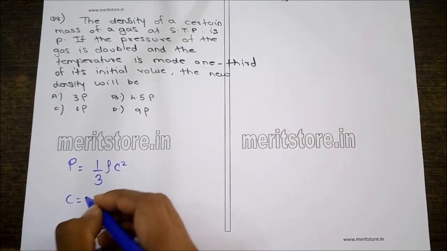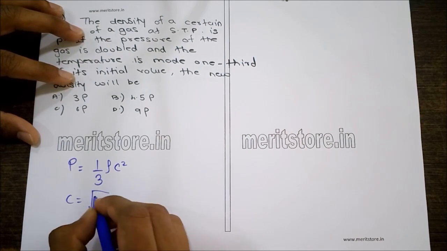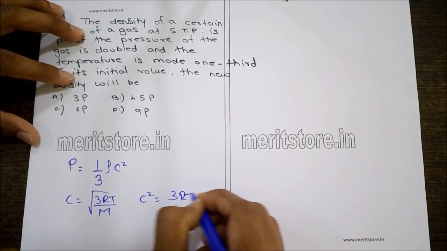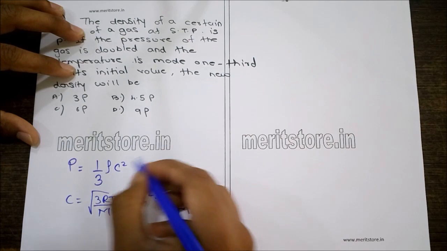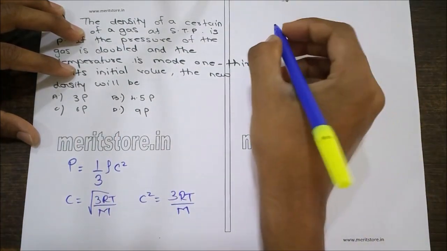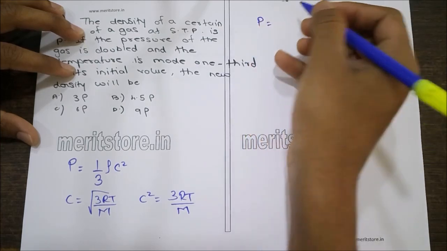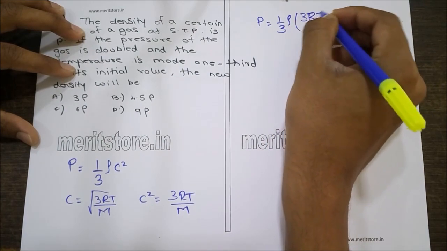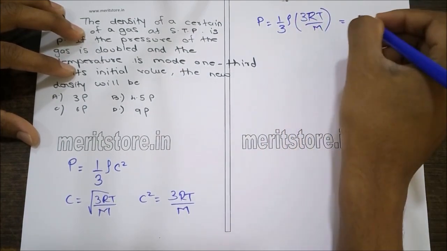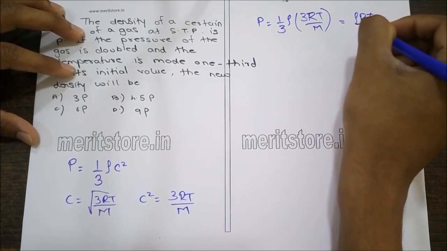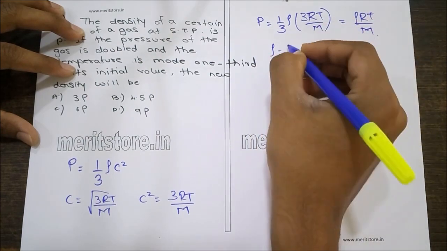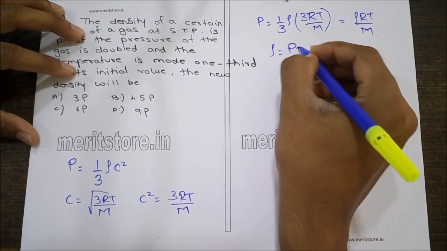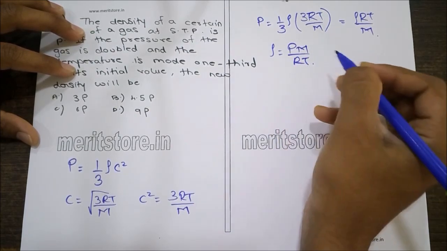Also, C is equal to root of 3RT upon M. So C square can be written as 3RT upon M. Substituting this in the equation, we get P is equal to 1 by 3 times rho into 3RT upon M, that is nothing but rho RT upon M. Now this can be reshuffled to get rho as PM upon RT.